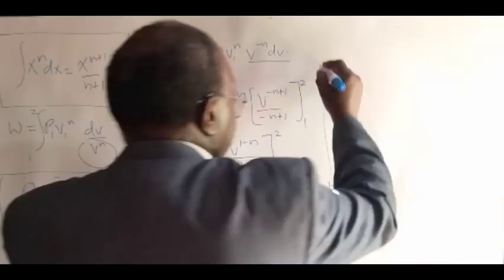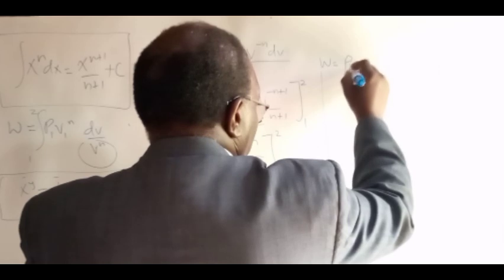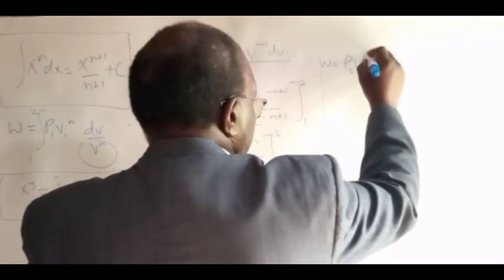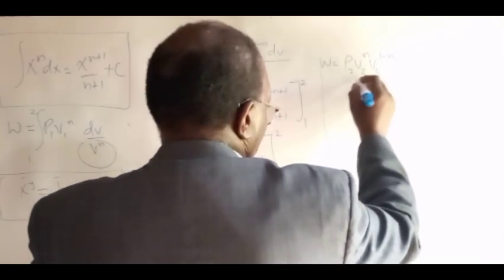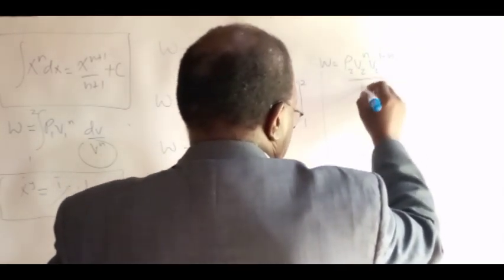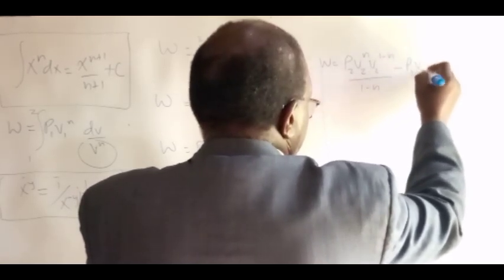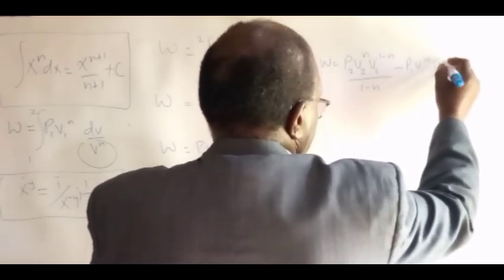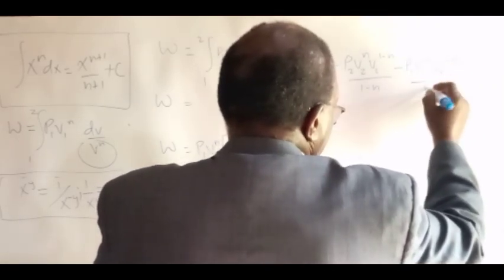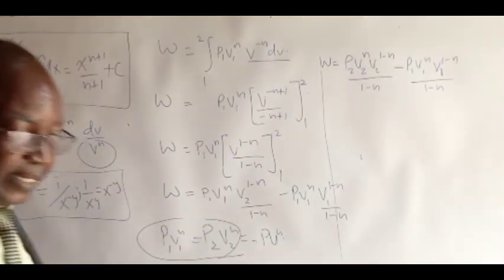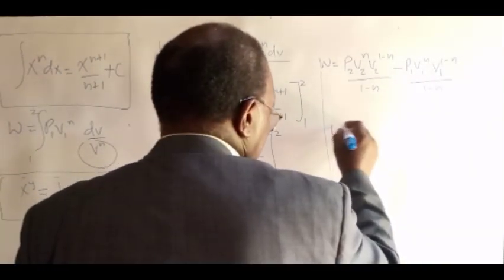If we replace that, then W becomes P2 V2^n V2^(1-n) over 1 minus n, minus P1 V1^n V1^(1-n) over 1 minus n. Of course, we can get a common denominator for these quantities here.